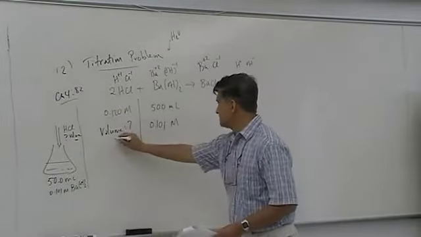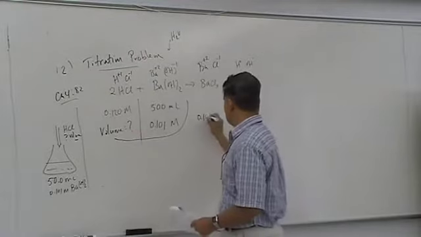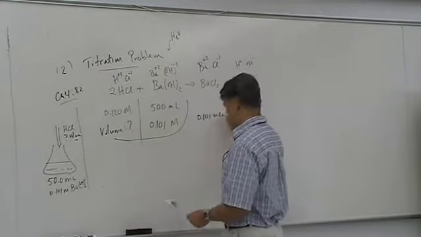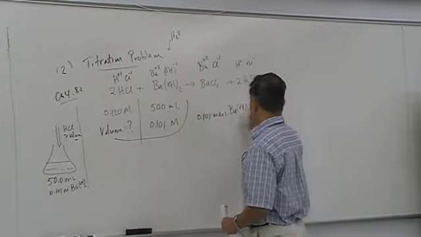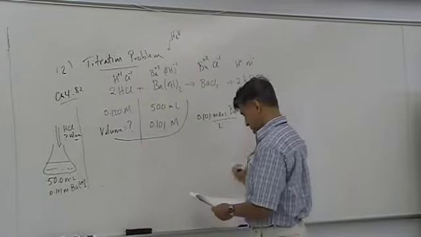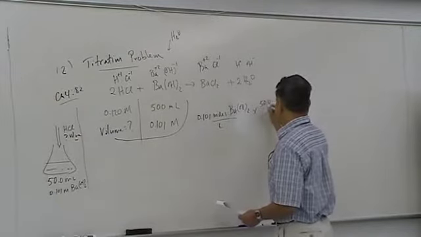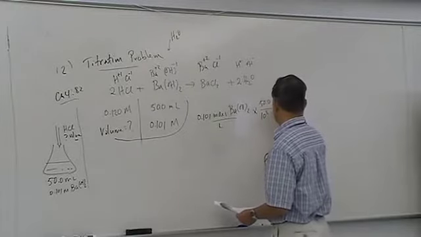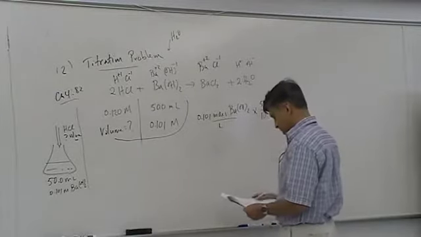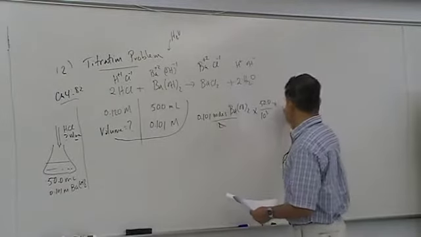So start with 0.101 moles per liter, 1 mole Ba(OH)2 per liter, times 50.0 ml, we have to change it to liter, 10 to the minus 3 liter, and then the liter will cancel out.